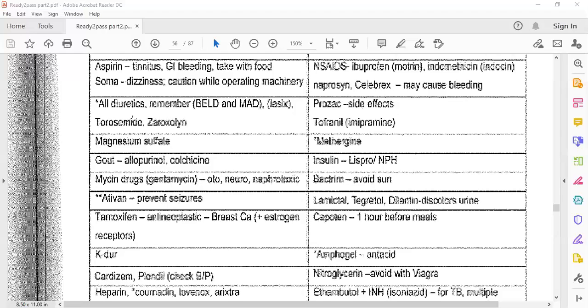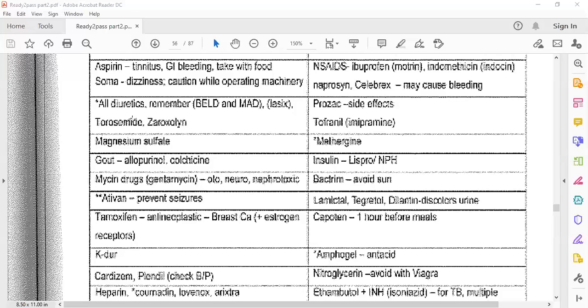So before we go to the next drugs, I want to recap the drug list we use as diuretics, like bumetanide, chlorothiazide, hydrochlorothiazide, furosemide, right?